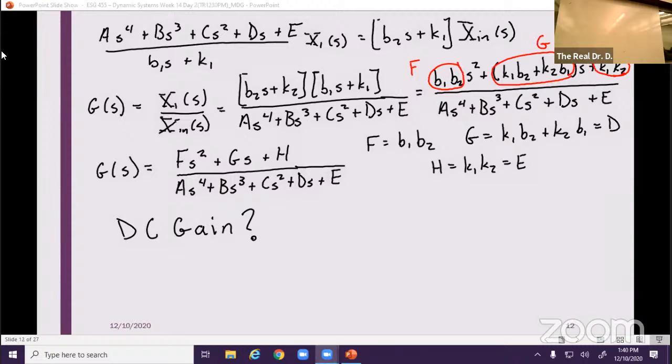And if we're not changing as a function of time, all of our time derivatives are equal to 0. And in the Laplace domain, s is the time derivative, right? So it's equal to H over E, which is just 1. Correct.